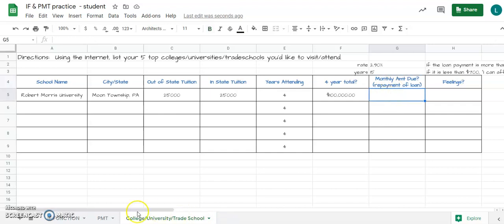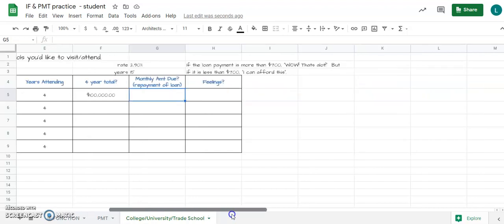And then when you're finished with that, let's go over here and look at column H. You're going to use an IF statement here. So the PMT function here and an IF statement here. What you want to appear in this cell, and say what your feelings on that are? Well, if the loan payment that you calculated here is more than $700, I want this cell to say, wow, that's a lot.